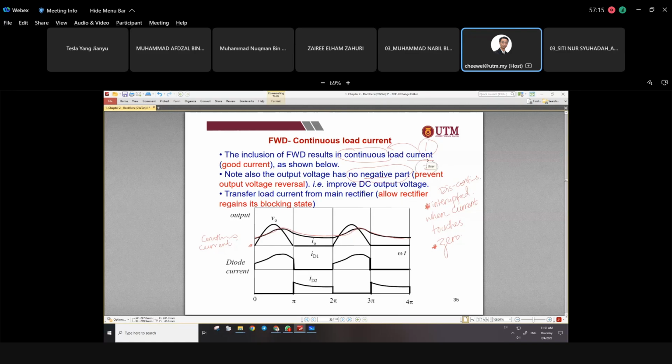So for FWD, you just need to remember it will bring impact to the voltage and the current. What is the impact to the current? It makes it continuous. And what is the impact to the voltage? It eliminates the negative part. Positive part, no impact. The negative part will be eliminated, gone. It doesn't like the negative part. Remember this one first.